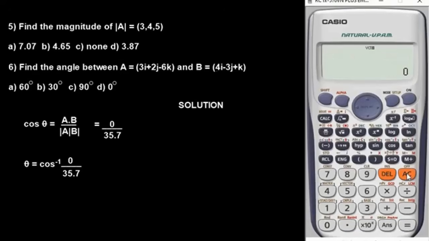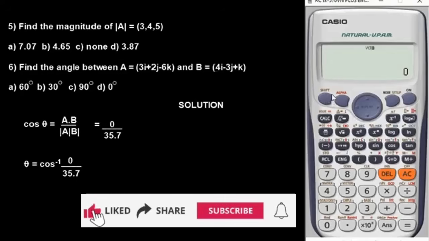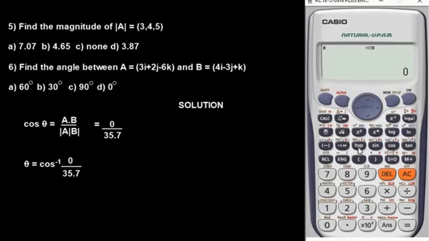So the next thing we do now is to find the magnitude. Like I told you earlier, magnitude is the same thing as absolute value. So you press shift, this button, HYP. That's the button you press. When you look at it closely, you see absolute on top. So you press the button. So the absolute value of vector A, that's the magnitude.